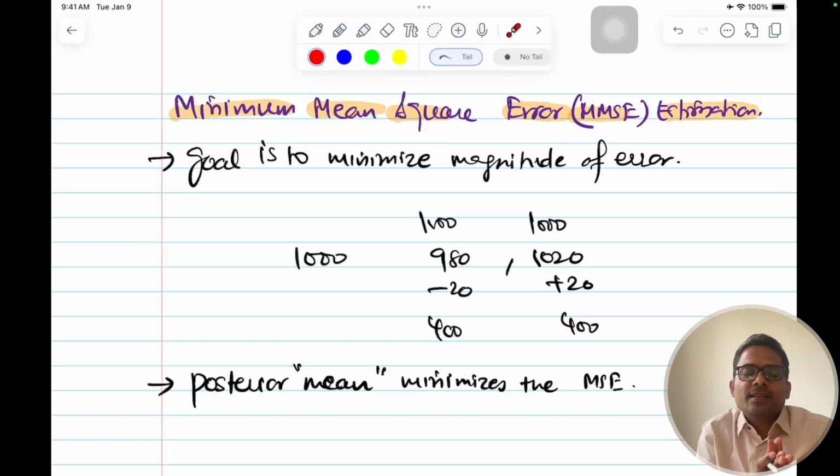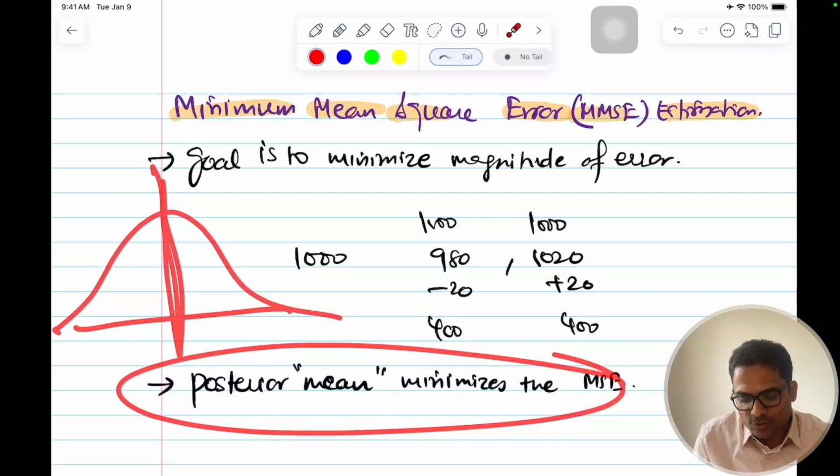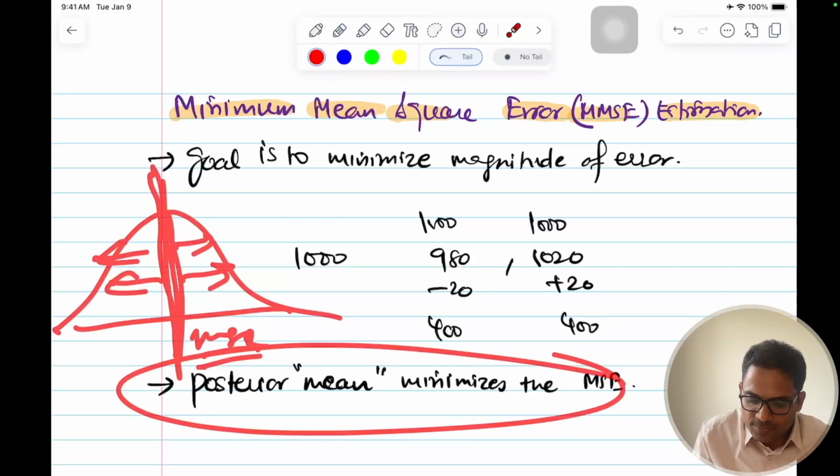If I predict the mean itself, this will minimize the complete thing. So if I have the posterior distribution and I predict the mean, the whole net mean squared error will be reduced.